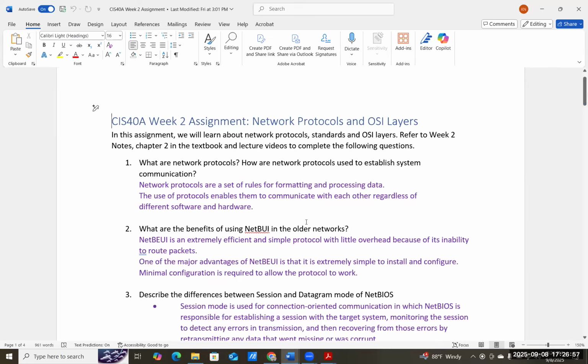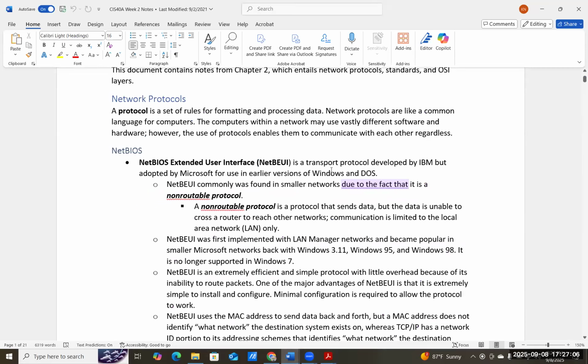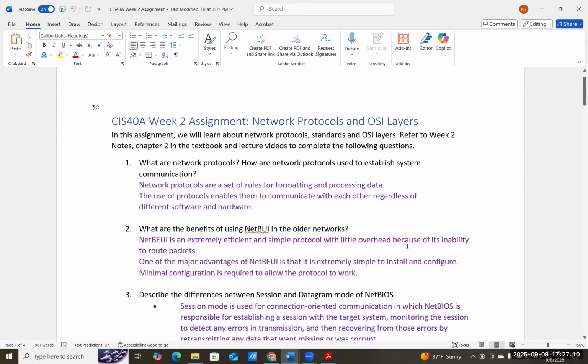You can find this on page 1 of your Unit 2 notes. You can summarize it, you can grab it from the notes. With that, we need to talk about routable and non-routable protocols.